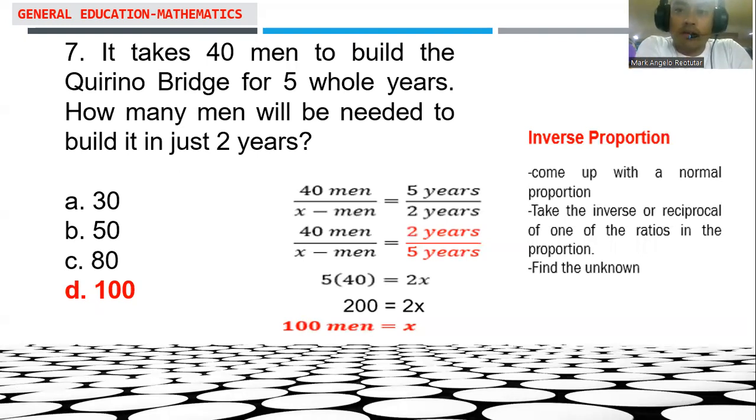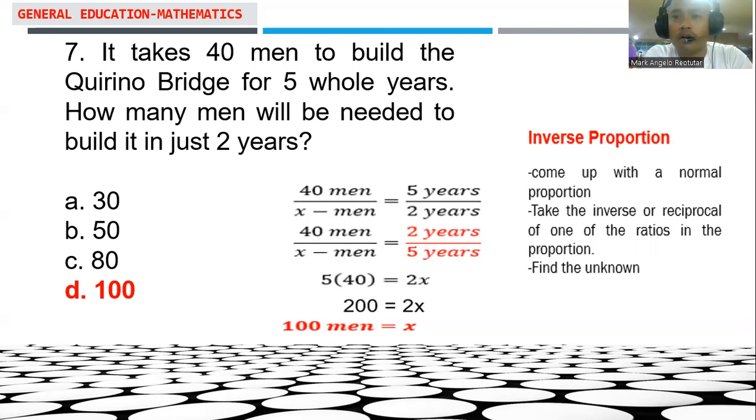Now, considering this problem, it is an application of inverse proportion. When we say inverse proportion, we are looking for the inverse of an original proportion. Meron tayong original dito, but the thing that we need to consider here is to look into its corresponding inverse.